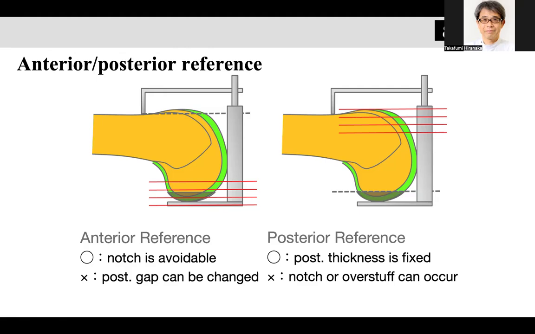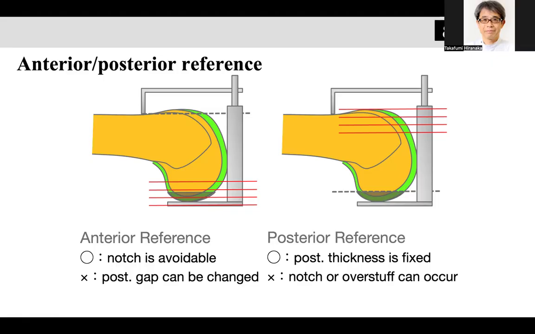And further, if the size indicates between 3 and 4, and we adjust the size to 4, of course, in this situation the anterior cut thickness can be thinner than in the anterior reference technique, and the posterior cut thickness can be the same as the component.